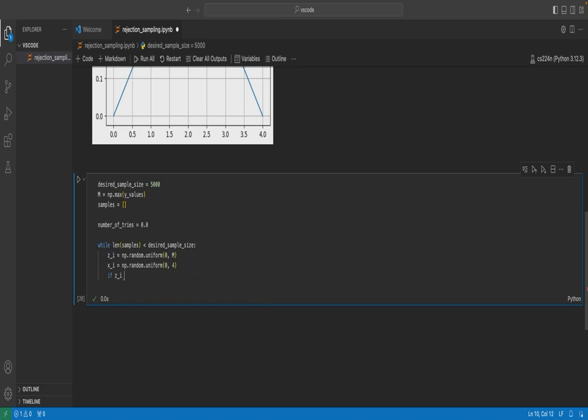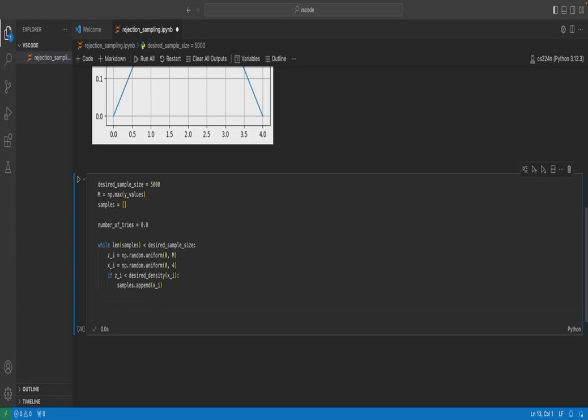And if z sub i is less than f of x sub i, if that's true, then we will append x sub i as a sample and accept it. Otherwise, we'll reject it. So we don't really need to add an else statement there. It'll just keep looping over and over again.